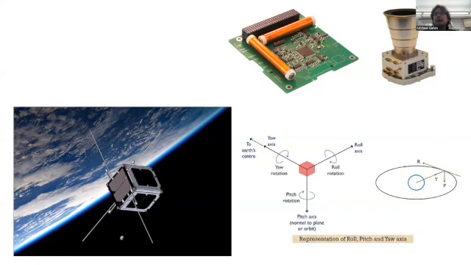And then maybe you have an advanced spacecraft and you're actually controlling the orientation and pointing of your spacecraft. And you can do that a variety of ways. I'm showing here torque rods, magnetic torque rods that are typically used on small CubeSats.